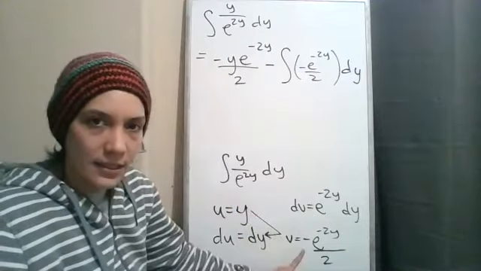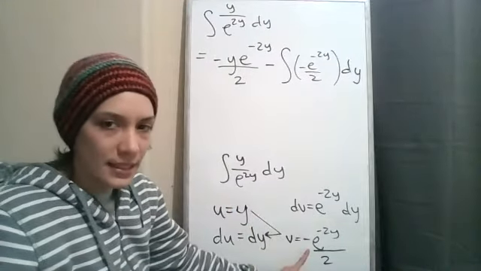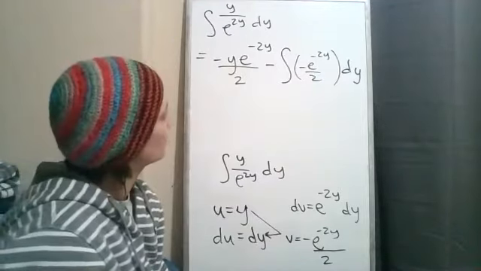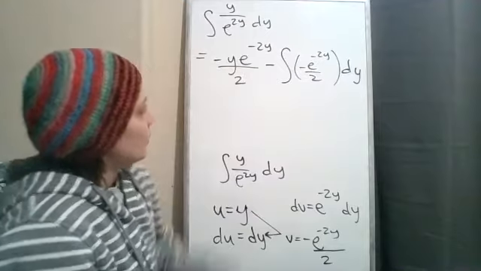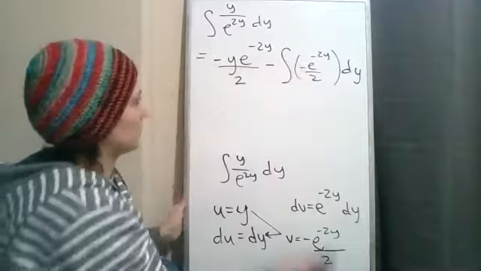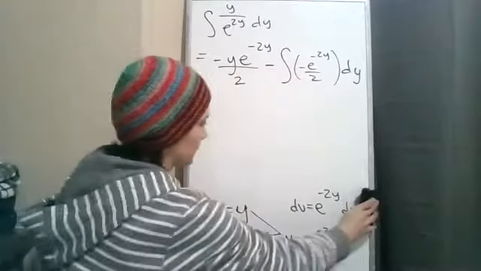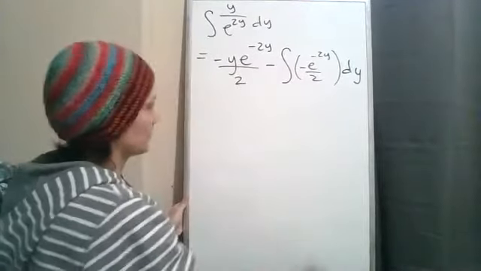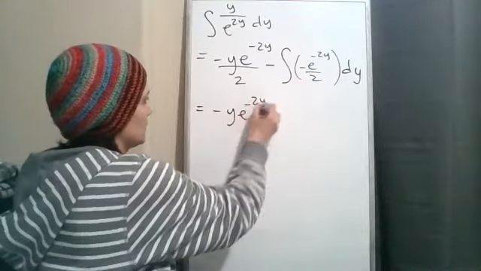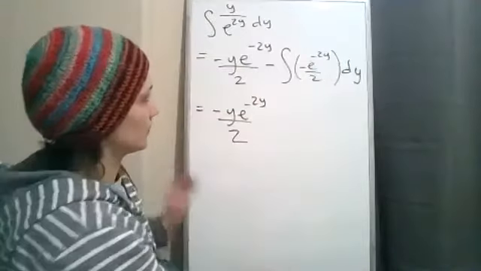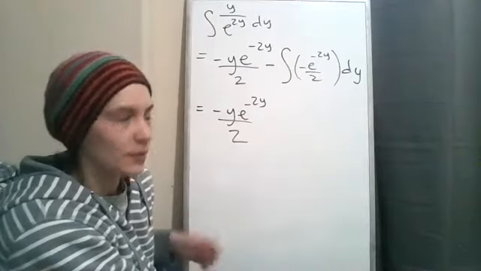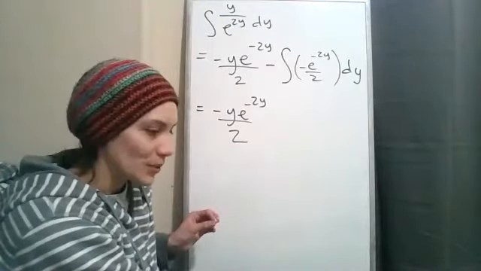This with this, okay, minus this, the integral of that with that. I don't want to mess up my signs, so let's just do the positive sign, and then we'll do the integral.